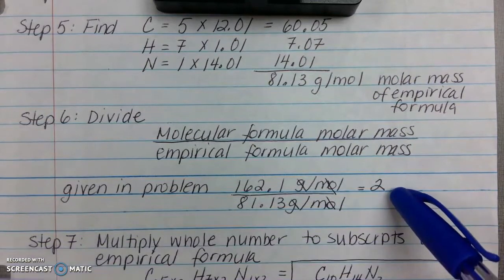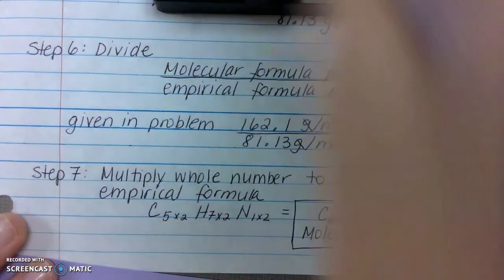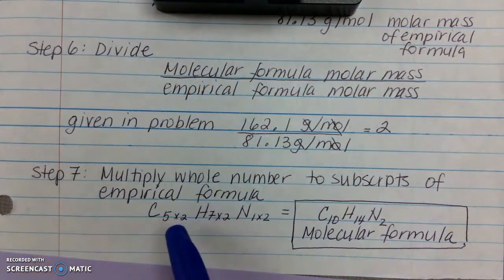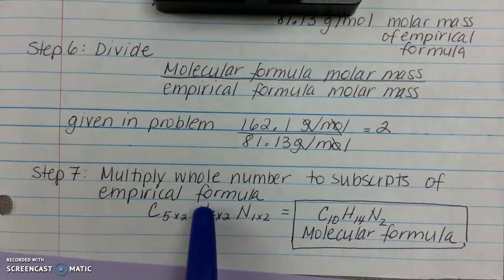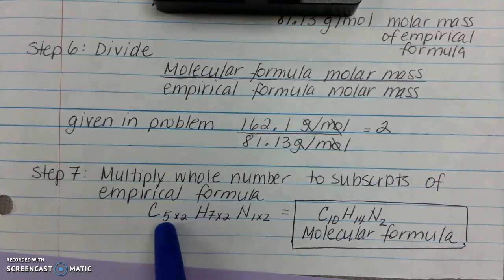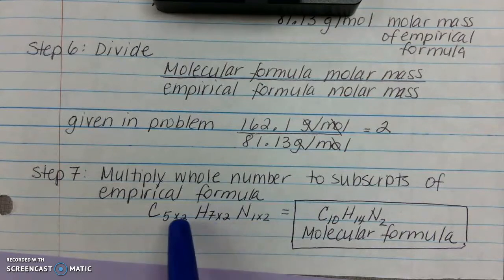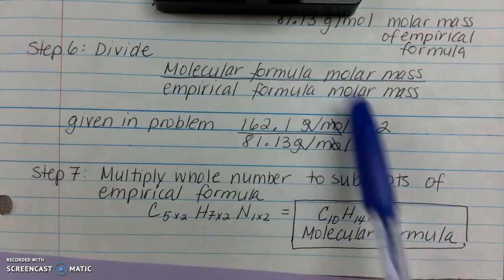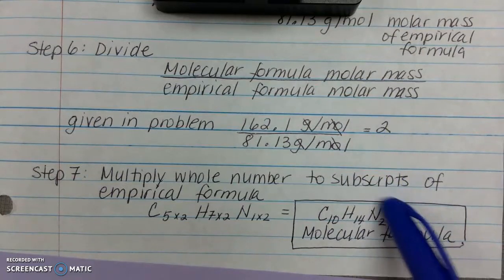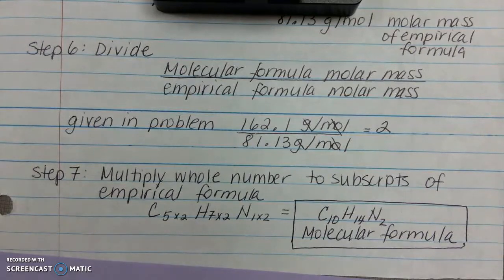My last step for producing my molecular formula is to multiply that whole number by the subscripts of the empirical formula. If you remember, the numbers 5, 7, and 1 came from the empirical formula. I multiplied by the 2, which I solved from the division problem, and now I get my exact formula for nicotine, C10H14N2.